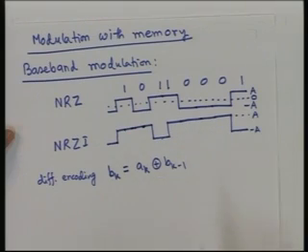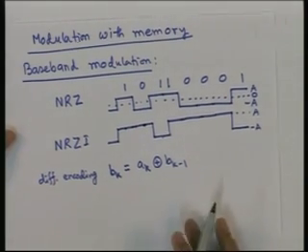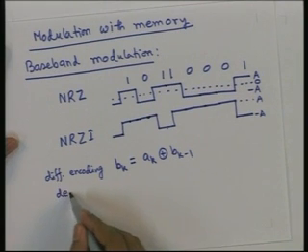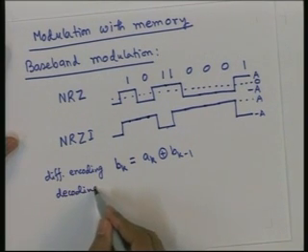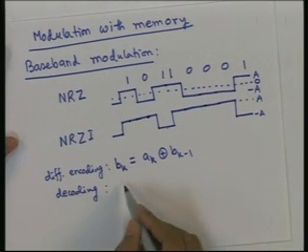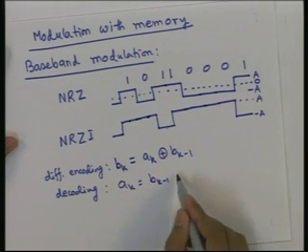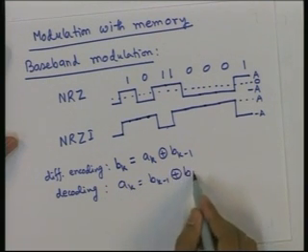So, you get this. This is differential encoding, and from this one can see that the decoding can be done in a simple way as Ak is Bk minus 1 XOR Bk.